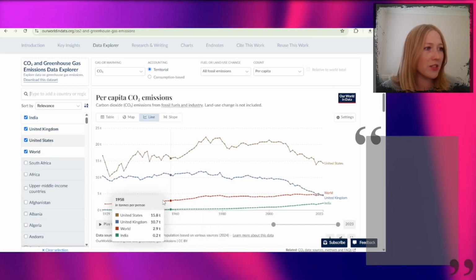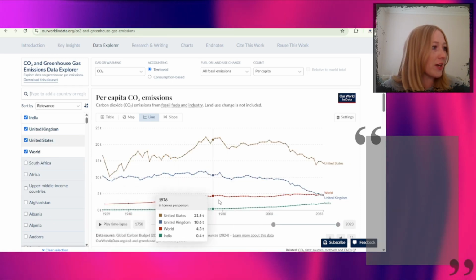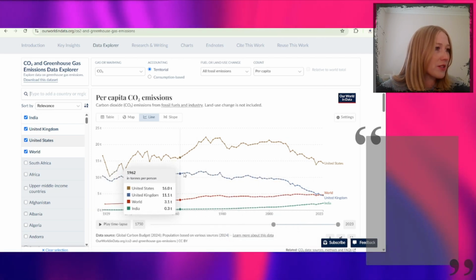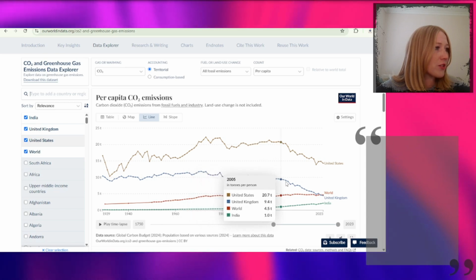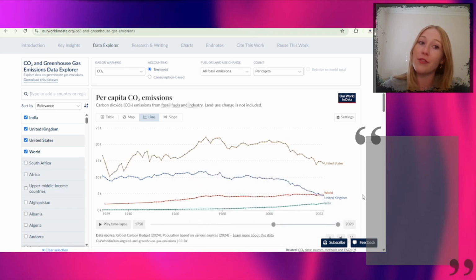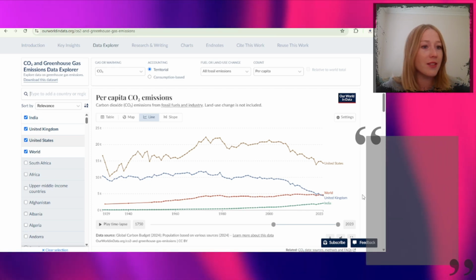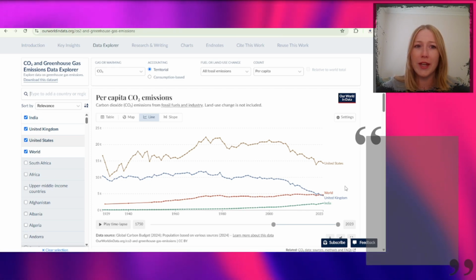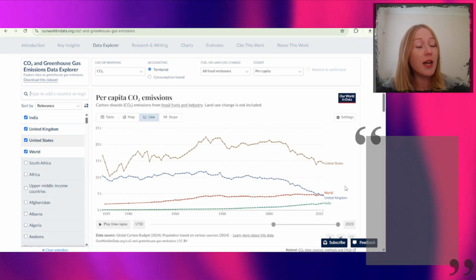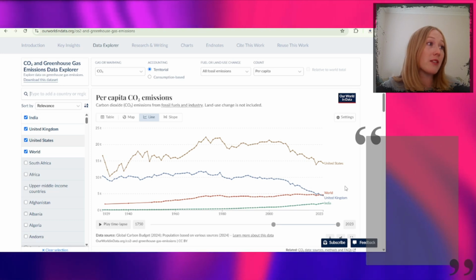So you would expect to see a spike with industrialization and then slowly starting to come down, there it is, the blue one, as they find cleaner and more environmentally friendly ways of being industrialized, unless South Africa is trying to develop with a lower carbon footprint at the same time. That could also be a factor.